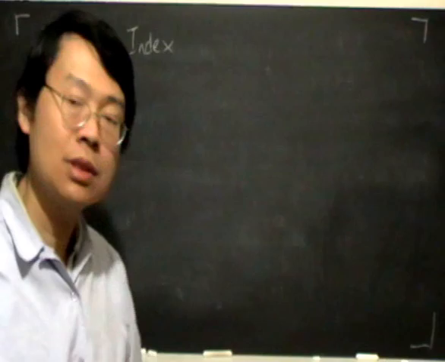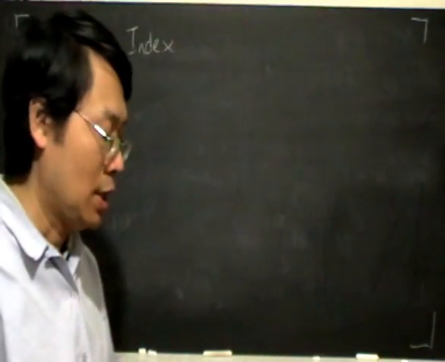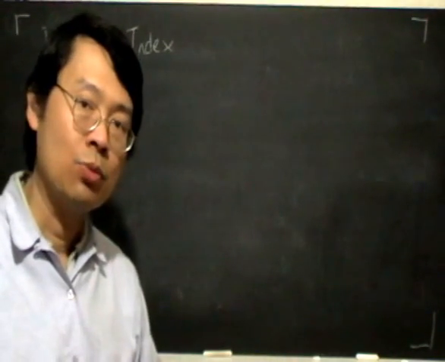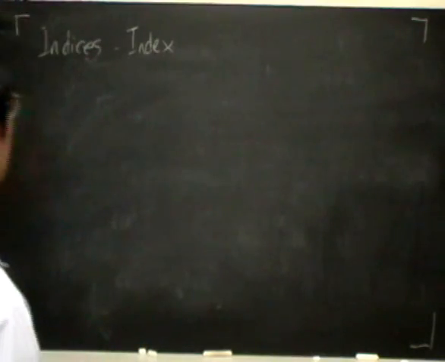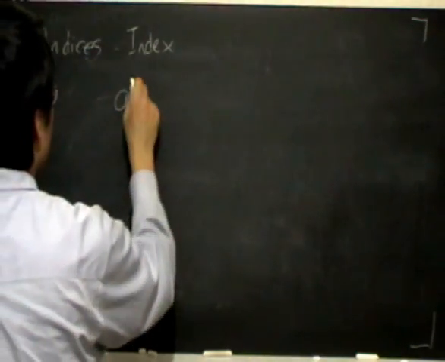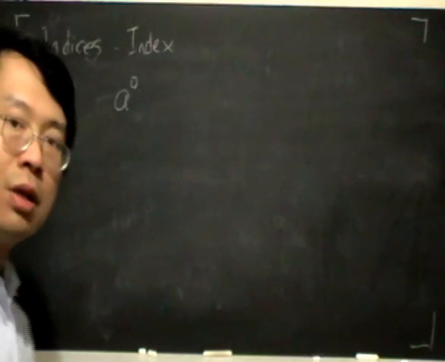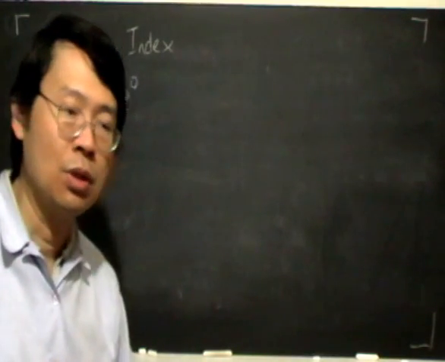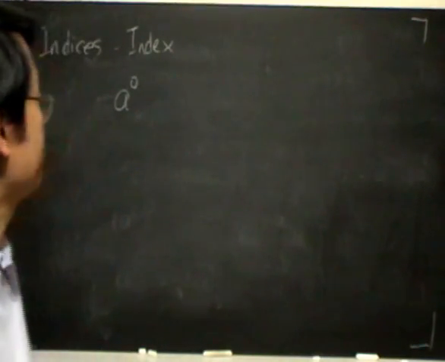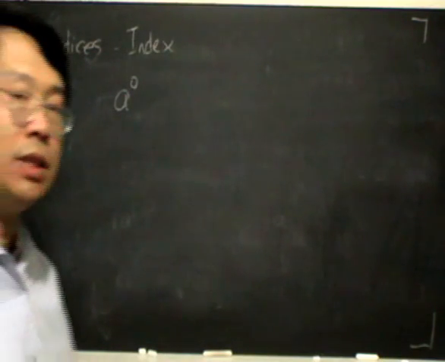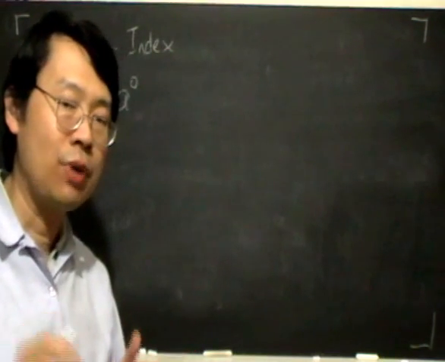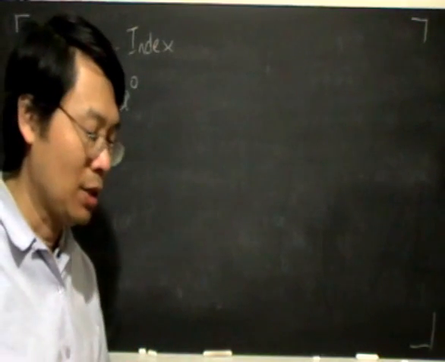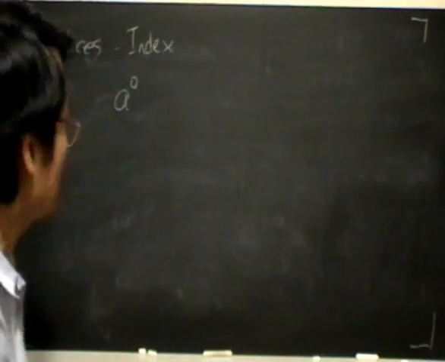We have seen indices that are fractions. We are now going to look at an index that is 0. Can we have a to the power of 0? What does it mean? We can actually find this meaning, discover this meaning, by looking at an example.